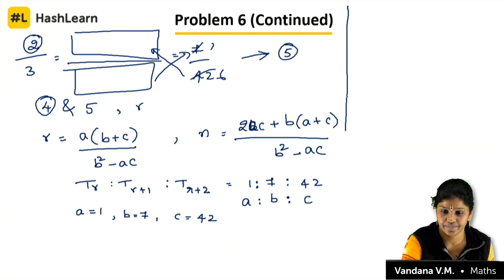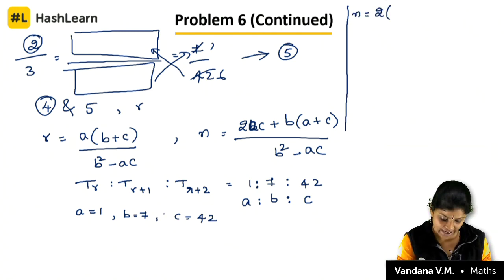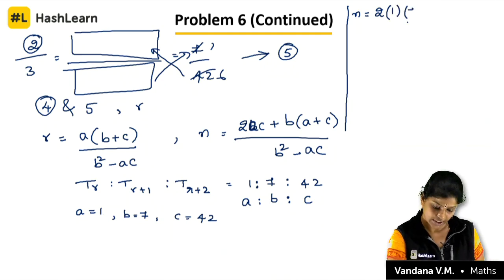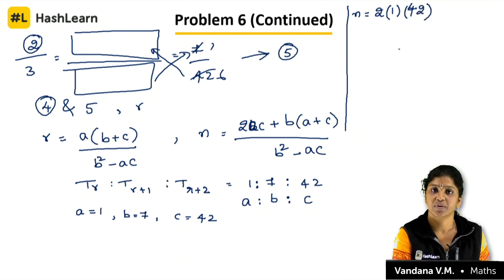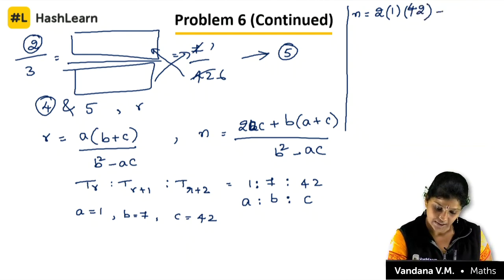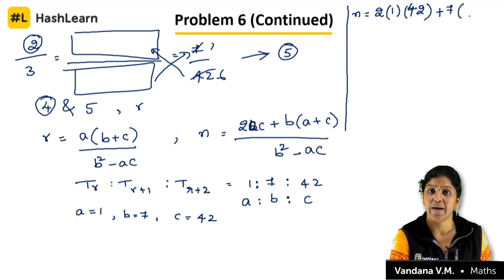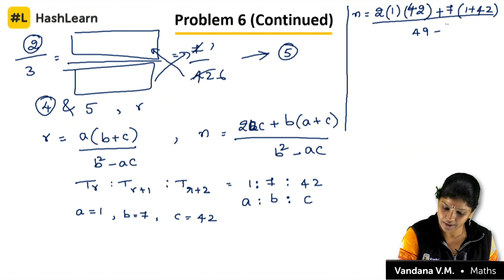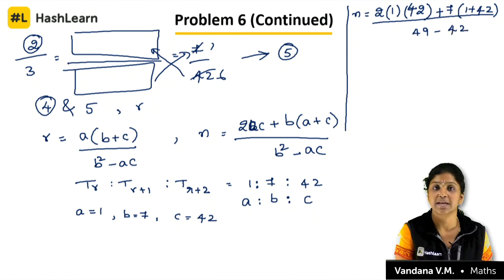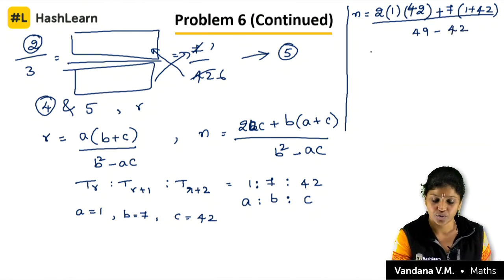That is n is equal to 2 into A value, 1, into C, it is AC, right? C value is 42. Plus B, 7, into (A plus C), 1 plus 42, divided by B square, that is 49, minus AC, 42. Now solve.